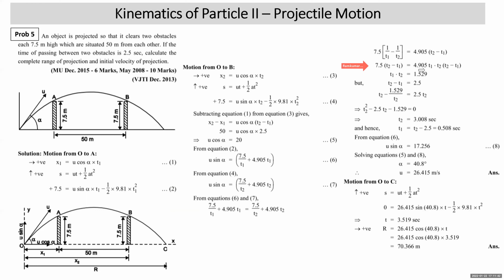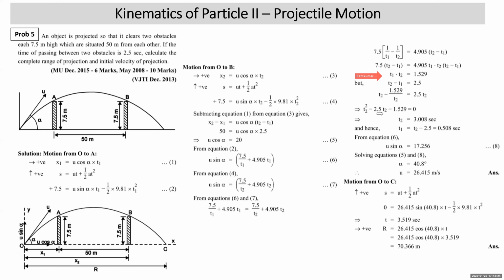t2 minus t1 gets cancelled from both sides. You get t1 into t2 is equal to 1.529. But we know t2 minus t1 is 2.5. So these two equations can be solved. Substituting t1 as 1.529 upon t2, with t2 minus t1 equal to 2.5, we are solving the two equations.